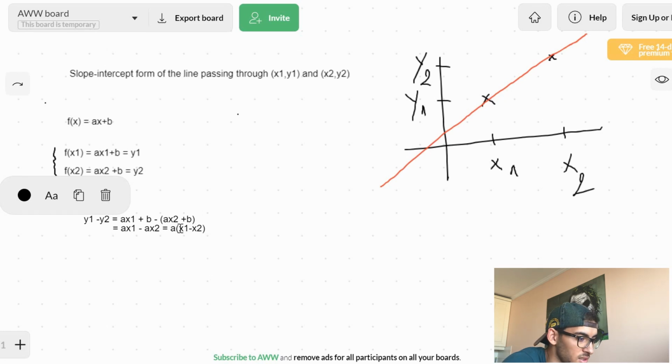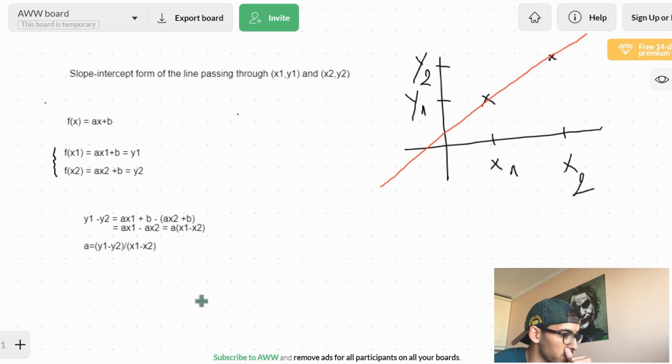What's that telling us? It tells us that a is equal to y1 minus y2 divided by x1 minus x2. Now probably you have already seen this formula somewhere, and this is where it comes from.